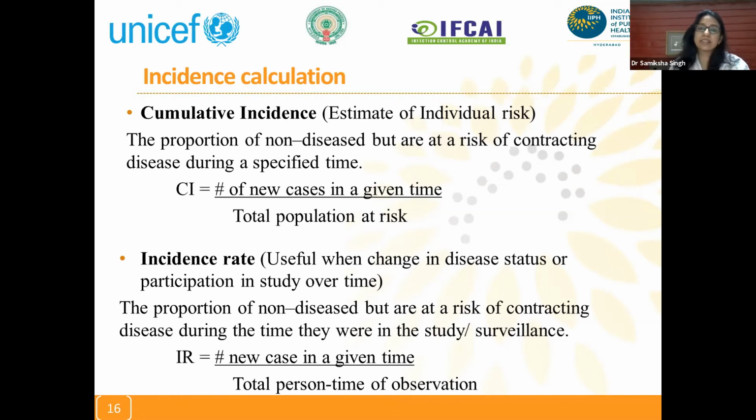So in the incidence rate, what we do is the numerator is the same, right? Number of new cases in a given period of time. But in the denominator, what we calculate is the person time of observation.